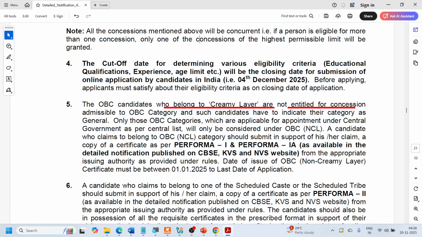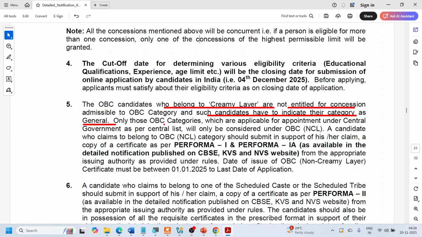If you are in the creamy layer, you cannot get any of the concession, and they have said that such a candidate has to indicate their category as general. So be careful. If you are in the creamy layer, you have to apply for general only.